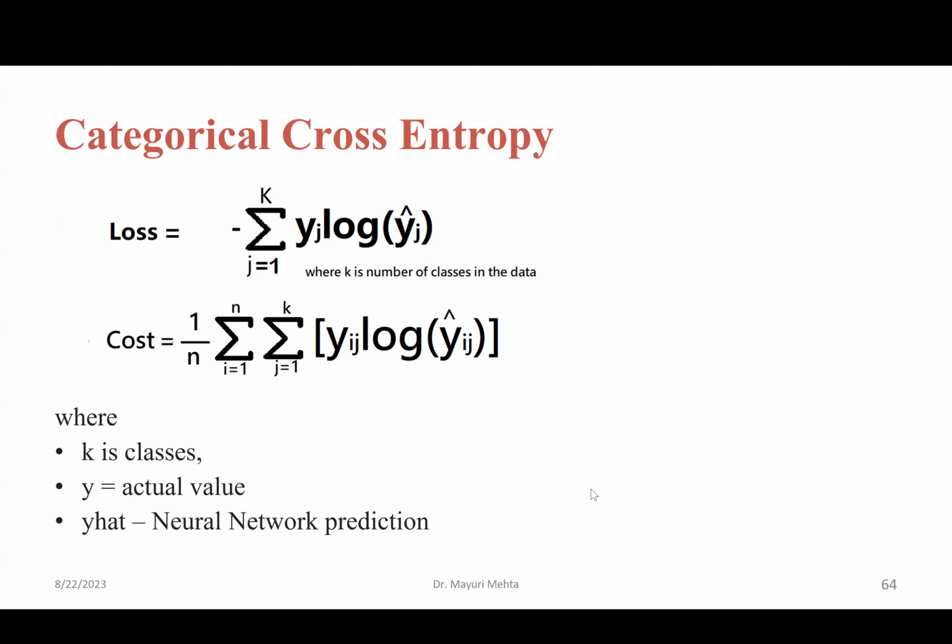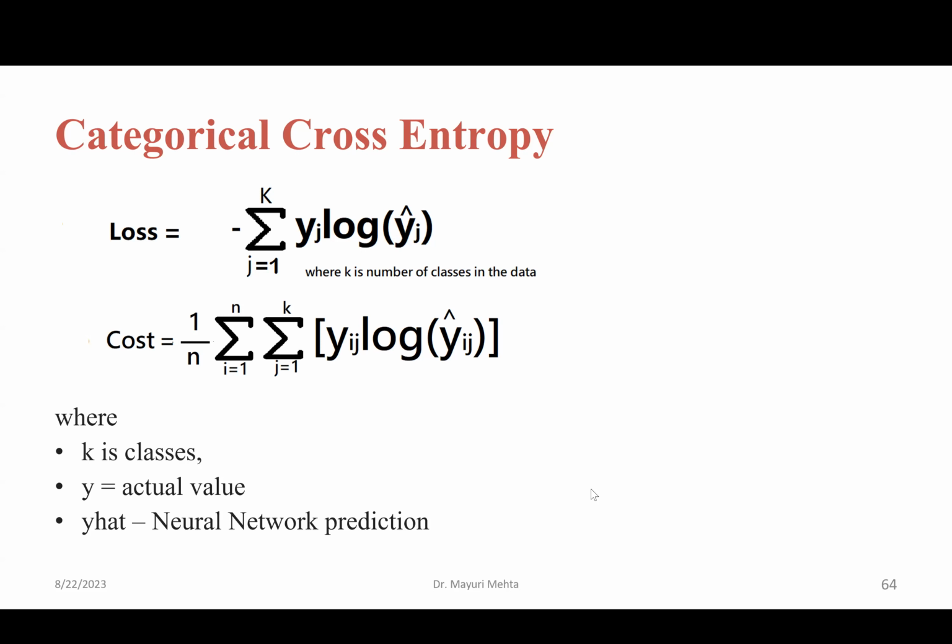Now let's discuss categorical cross entropy. Categorical cross entropy is used for multi-class classification and softmax regression. This is the function which you can use to calculate this loss function. It can be calculated using this first or second formula, as loss function and cost function.